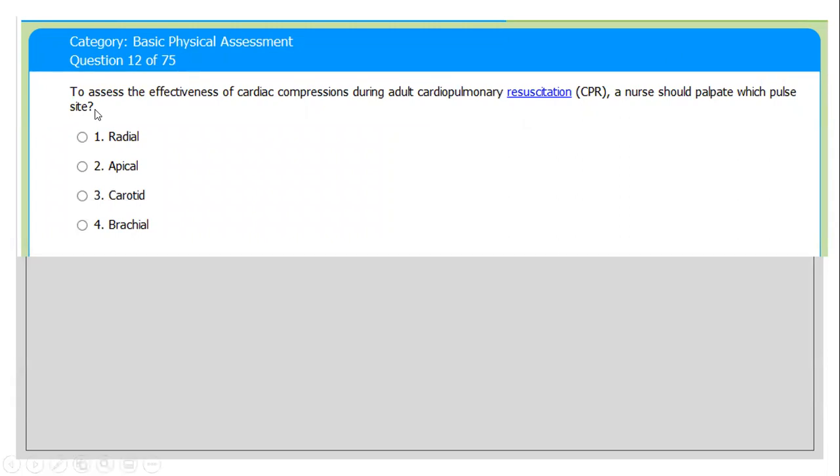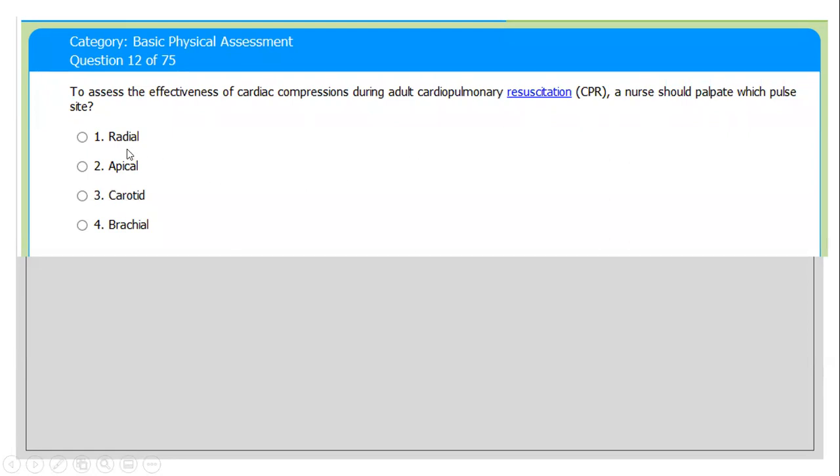Next question: to assess the effectiveness of cardiac compression during adult cardiopulmonary resuscitation, or shortly called CPR, a nurse should palpate which pulse site?